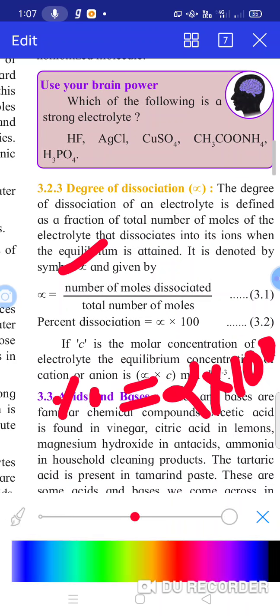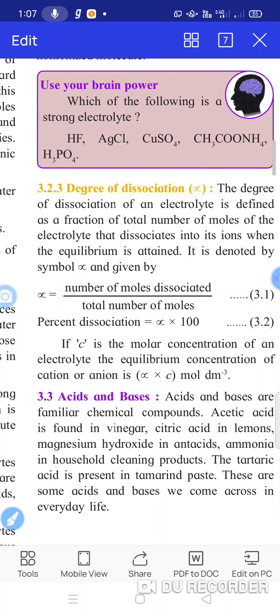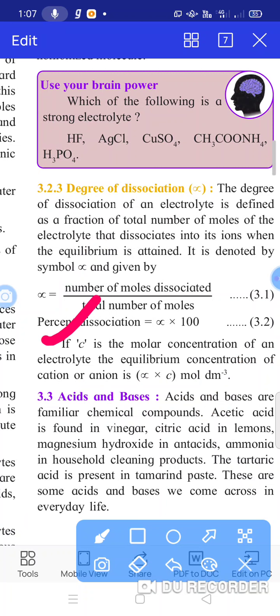Then see, if C is the molar concentration of an electrolyte, the equilibrium concentration of cation or anion is alpha into C mol dm^-3. Okay.